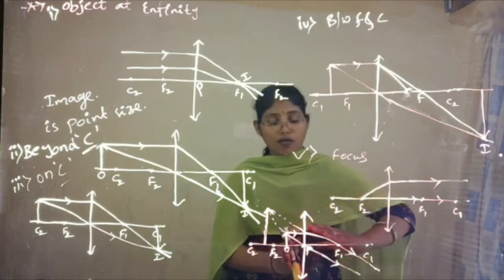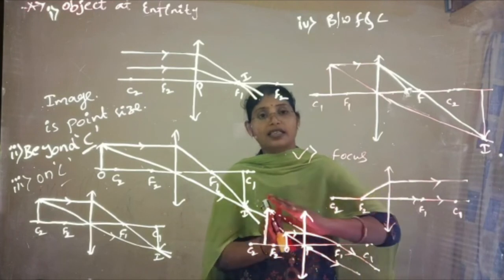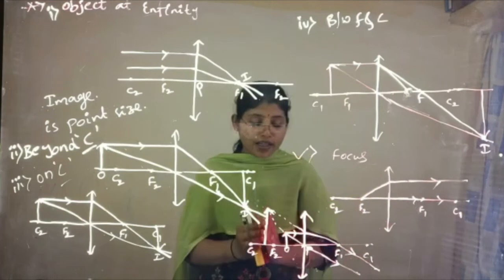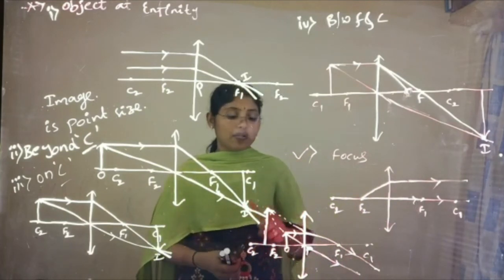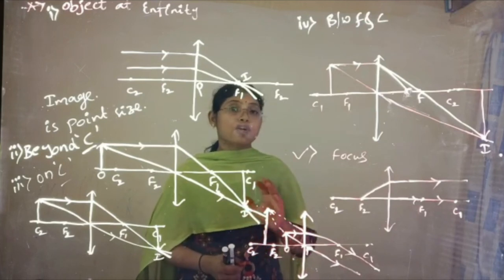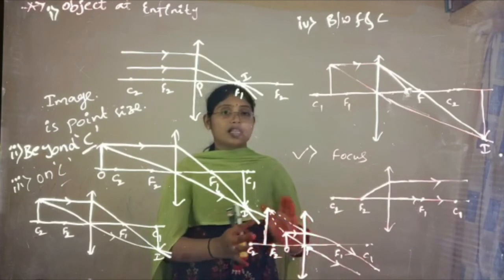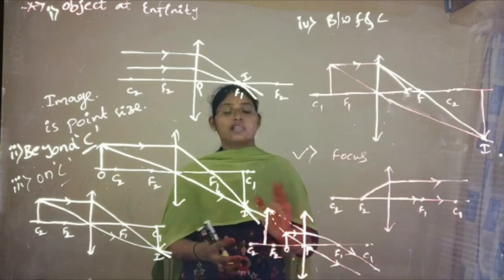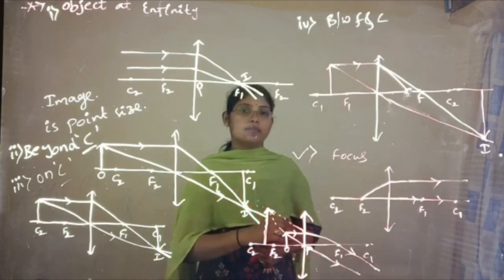If we extend the refracted rays, these extended rays converge at one point, and that point gives the image point. If we draw the normal to this image point, we get a virtual image, on the same side as the object, in front of the lens.